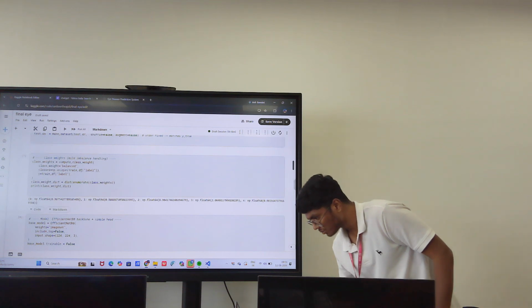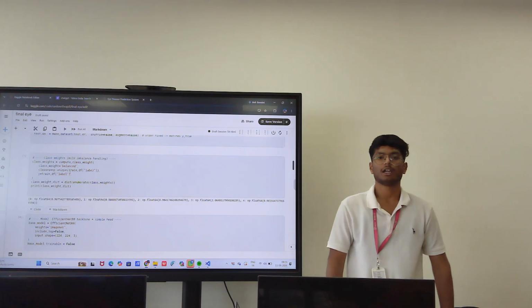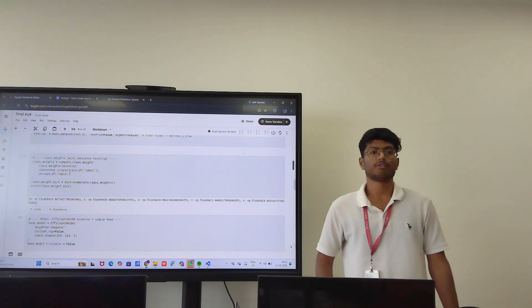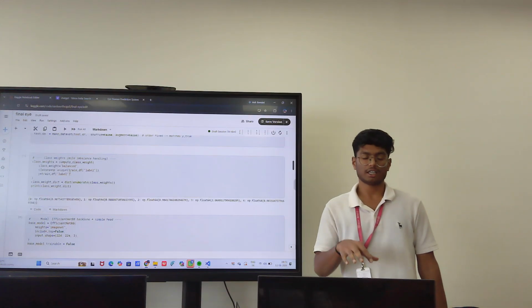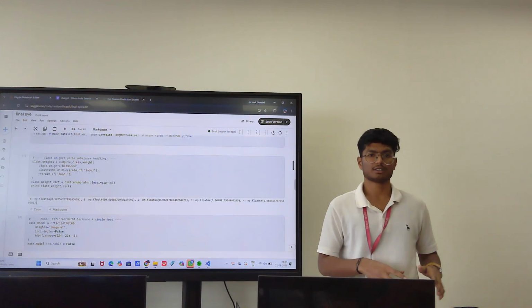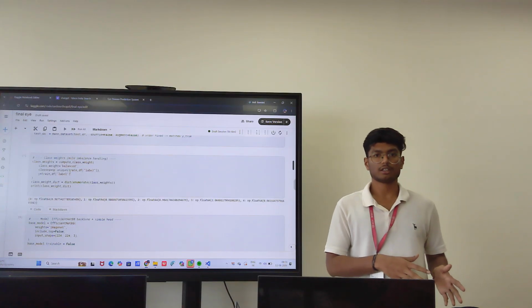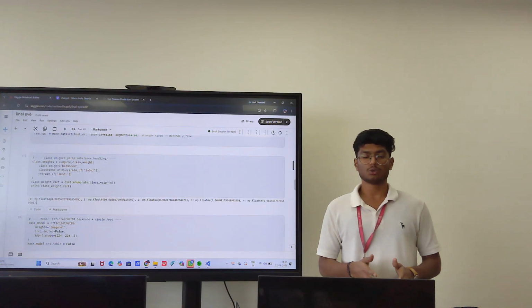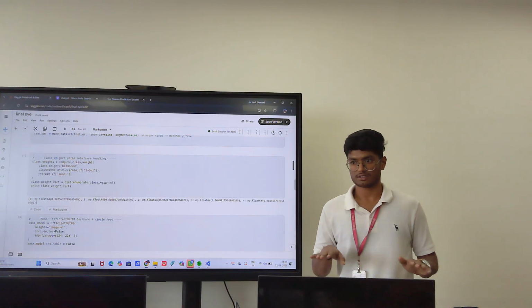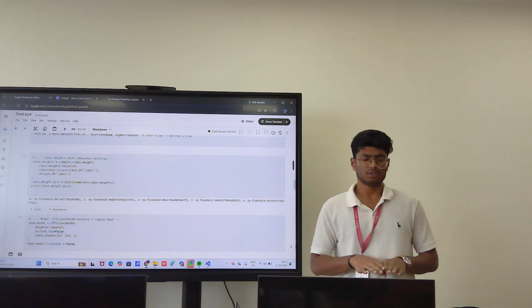And then I have used class weight adjustment. Why? If the dataset contains a minority class and the model ignores it, the model will be biased. To overcome this, I have used class weight adjustment.